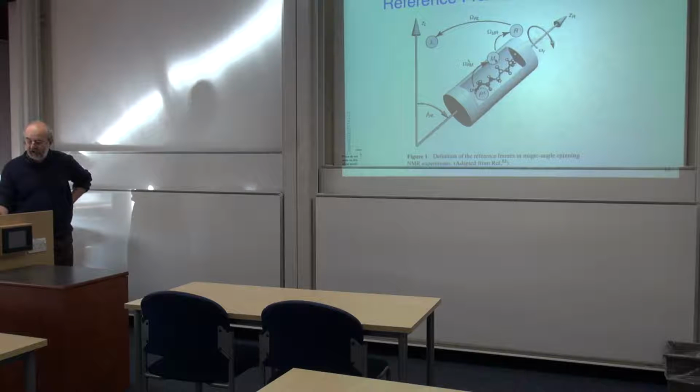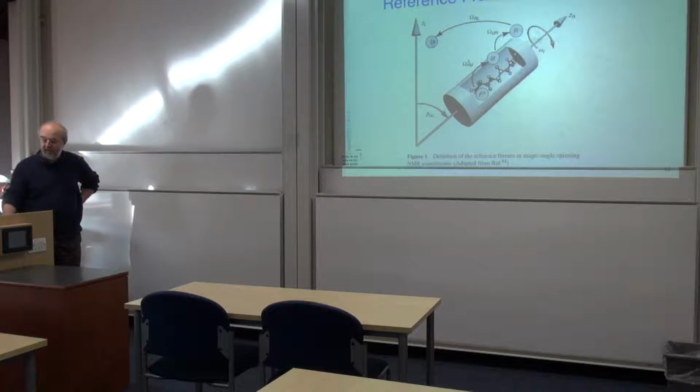So in general, there's a chain of three transformations to get from a principal axis frame of a particular spin interaction to the molecular frame, to the rotor frame, to the lab frame, in which the magnetic field has a fixed direction.